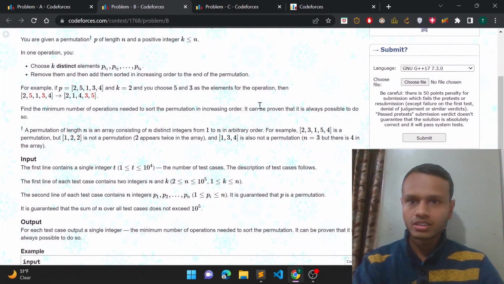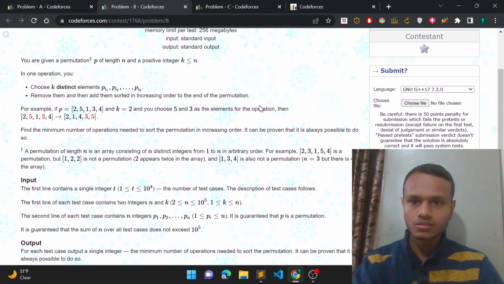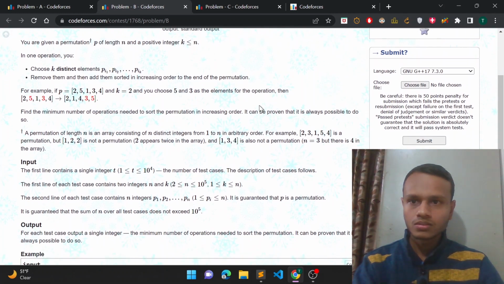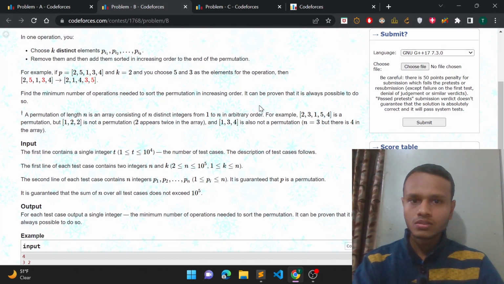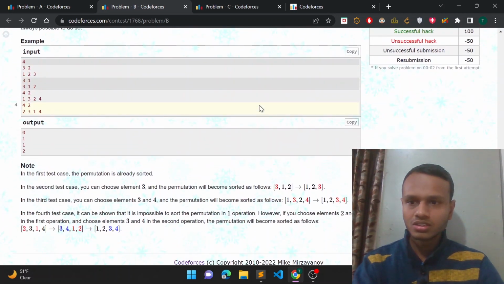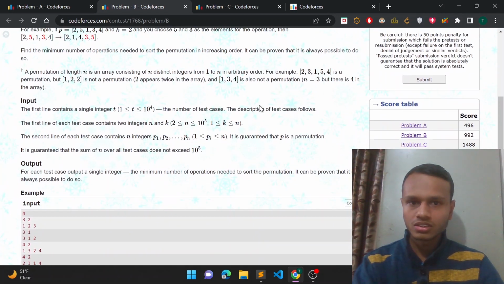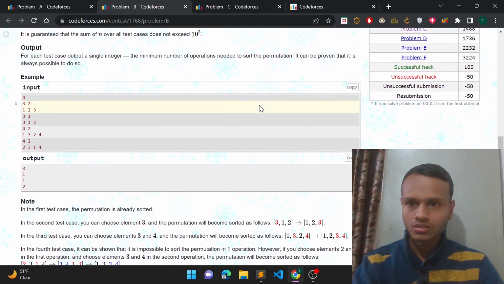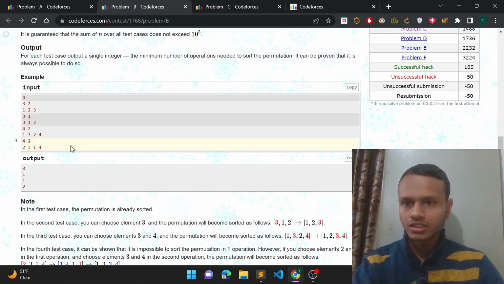So k can be anything less than or equal to n. So it would be 0 or 1. No, it can be 2 as well. And how? Oh, because k is given to us.